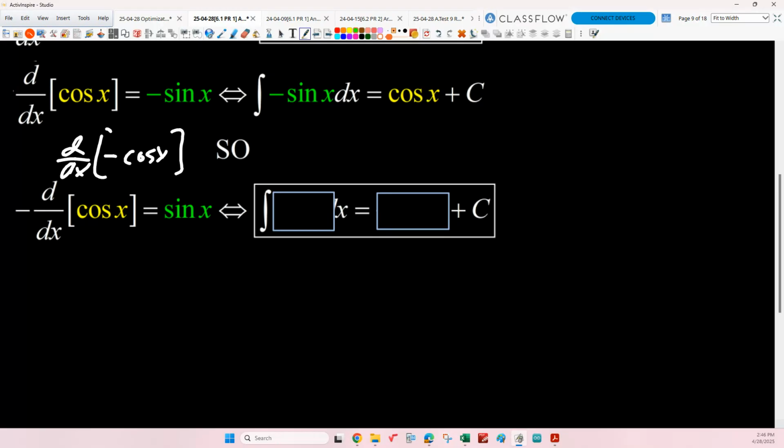Now flip this around. What do we get? The antiderivative of sine x equals negative cosine x plus c. See the advantage of that? That's a way better formula for us to use. Okay?